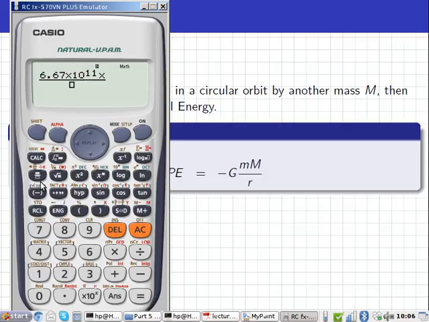What was the mass of the Earth, please? 5.972 times 10 to the 24. And the mass of the Sun? 1.989 times 10 to the power 30. And then the distance, which is squared, is 940. That's how many meters? So Galactus needs about 10 to the 43 joules.